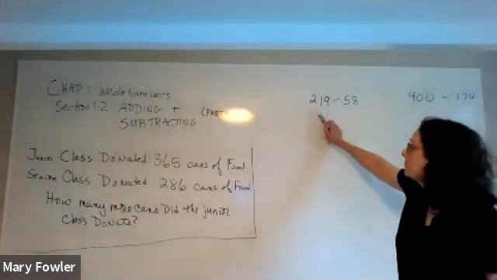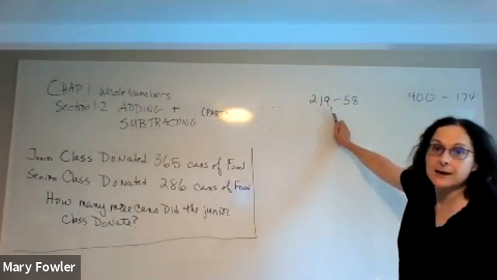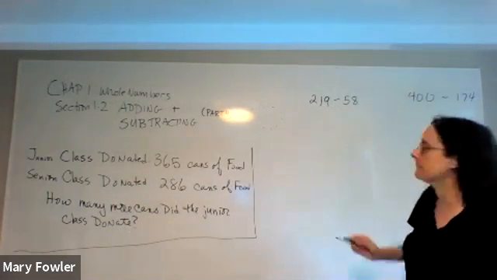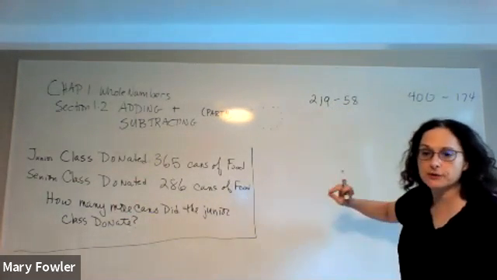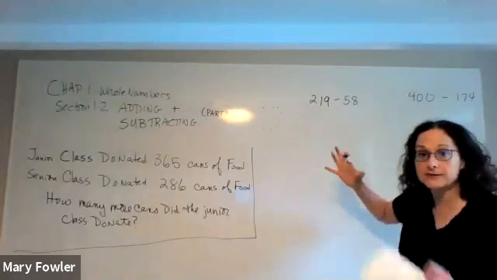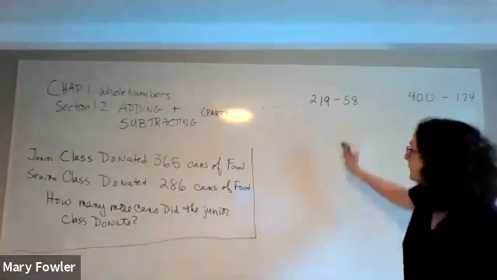So we have this problem, 219 minus 58. The first thing we're going to do is write it vertically and make sure that we have our place values lined up.